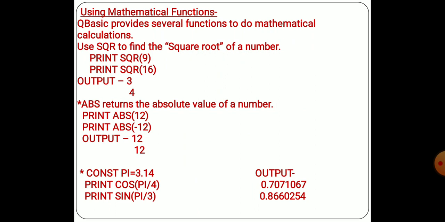You can do the following trigonometric functions in QBasic: cos, sin, tan. For example, print cos of pi divided by 4. Then print sin of pi divided by 3. And to the right side you can see the output.